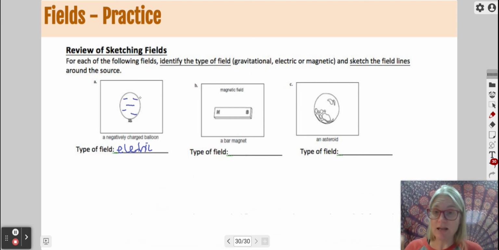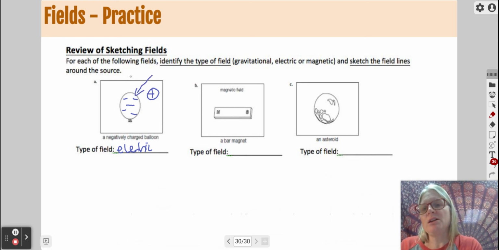If you have a negatively charged object, which way are the field lines going to be? If you're not sure, the test object for an electric field is a positive charge. Which way would the positive charge move? The positive charge is going to move to the negative. So the field lines on a negatively charged balloon are all going to be towards the negative.